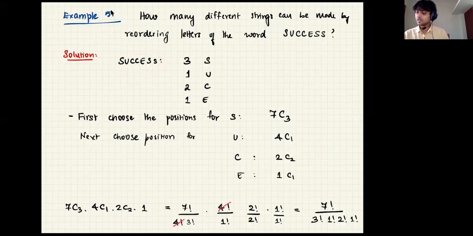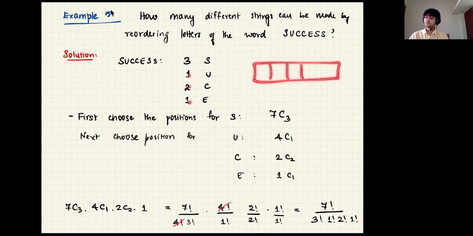Success has 3 S's, 1 U, 2 C's, and 1 E. Now I want to form words out of this. The words will be of length what? 7. There will be 7-letter words.